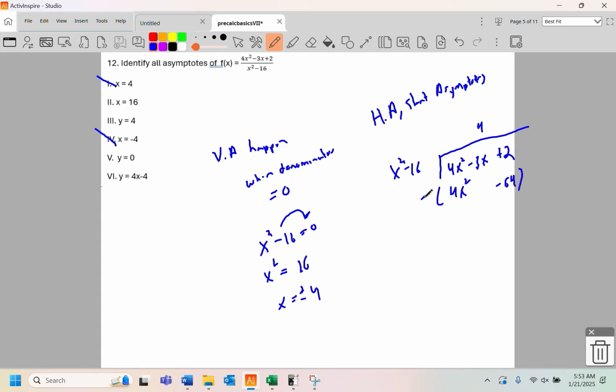You wrap before you subtract. This guy gets carried down, and then we get plus 66. This is a remainder because you cannot turn x squared into an x with positive exponents. So this is the last asymptote. And there's a horizontal asymptote. It's not a slant, it's a horizontal.